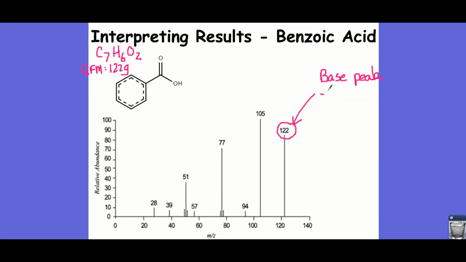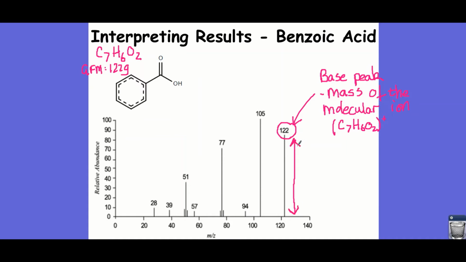And that is just the mass of the molecular ion. So in this case, the molecular ion is C7H6O2 plus.